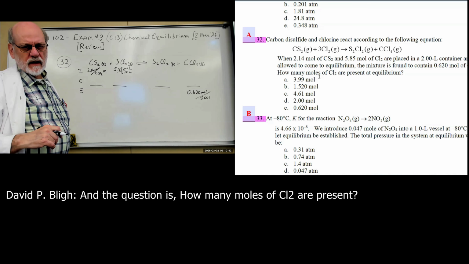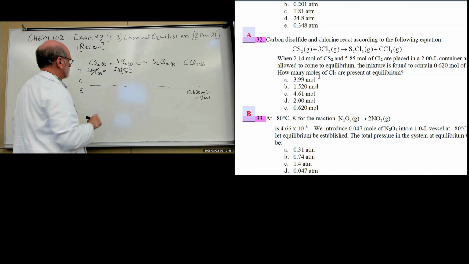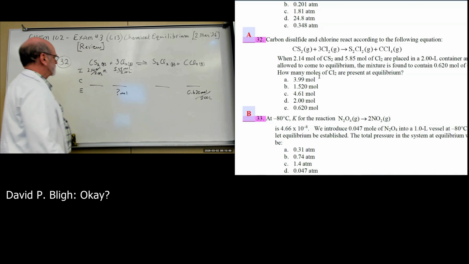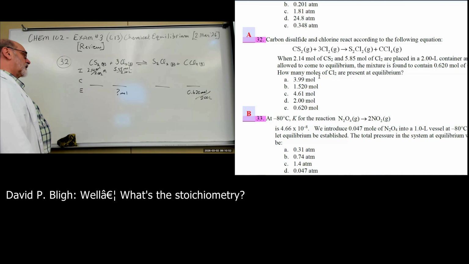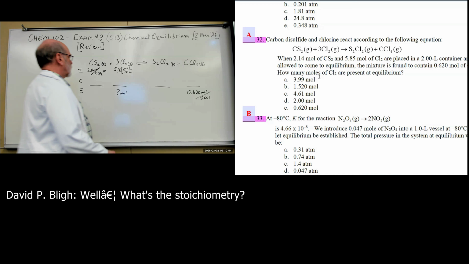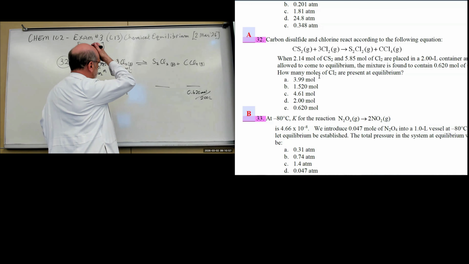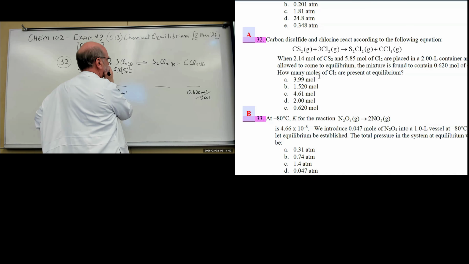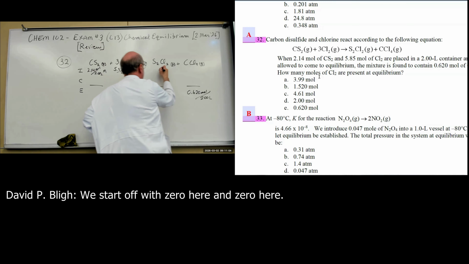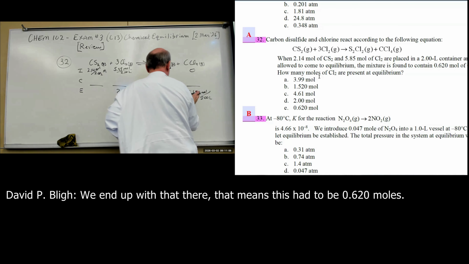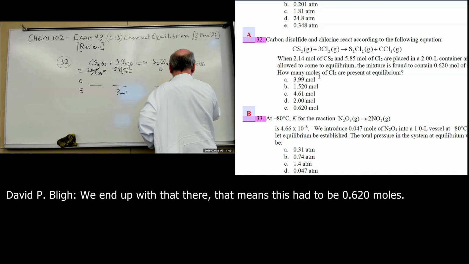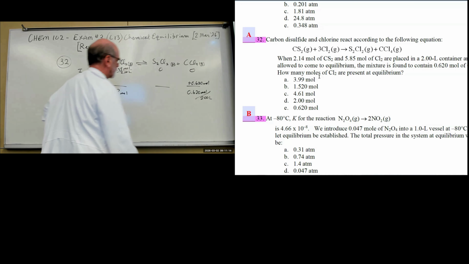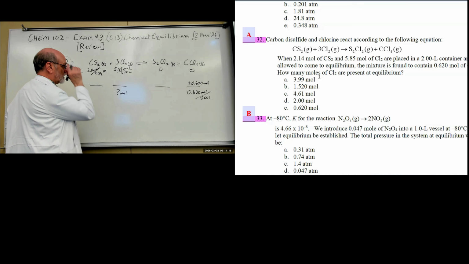And the question is, how many moles of Cl2 are present? Well, what's the stoichiometry? We start off with 0 here and 0 here. We end up with that there. That means this had to be 0.620 moles. So how did it get there?